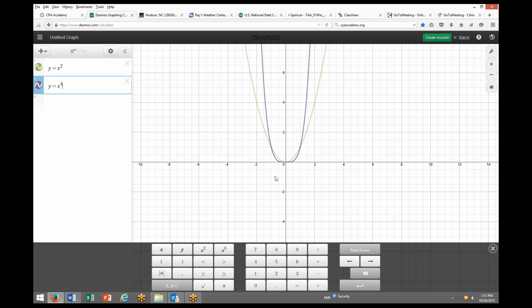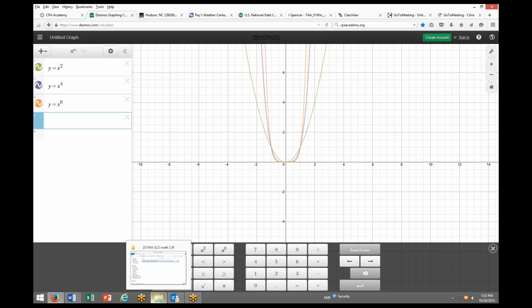But notice it goes up to the left and up to the right. That's the point. And if you had y equals x to the sixth, it's still going to do that. So it goes up even more steeply to the left and more steeply to the right than x to the fourth or x squared. And once again, it has a minimum point. And we all know what happens if we change the sign here.